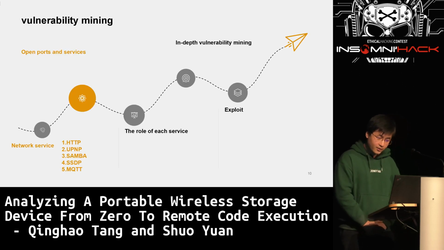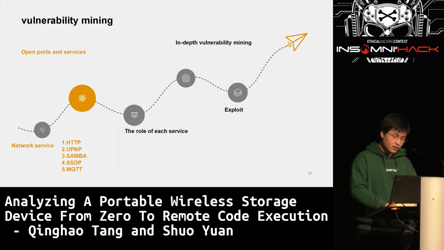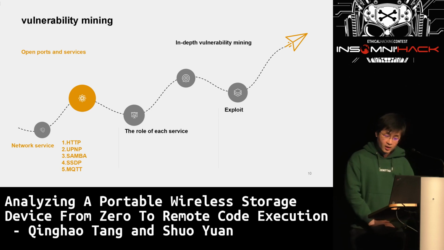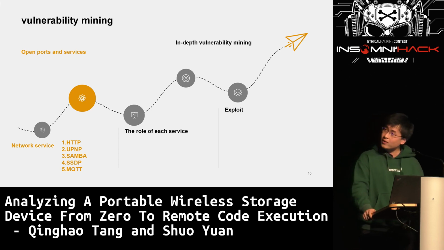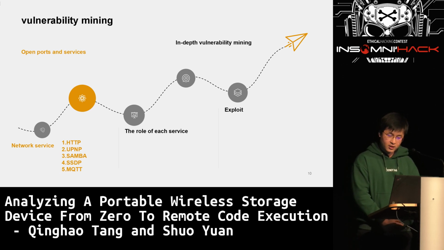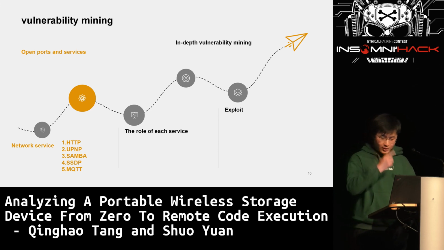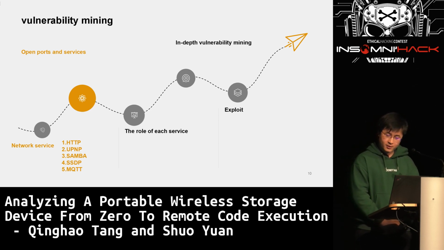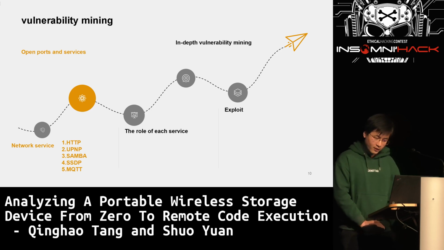Okay, let's first look at vulnerability mining. First of all, how to exploit the vulnerability. In the first step, my goal is the wireless hard disk. Then I will start with the web server. Why do I start with a web server without starting with the local programs or services?